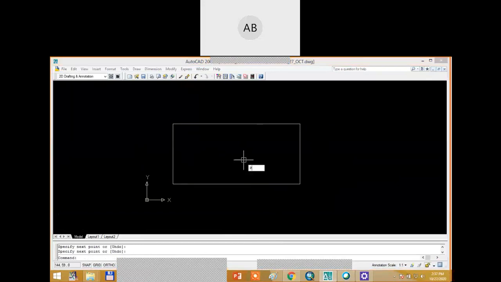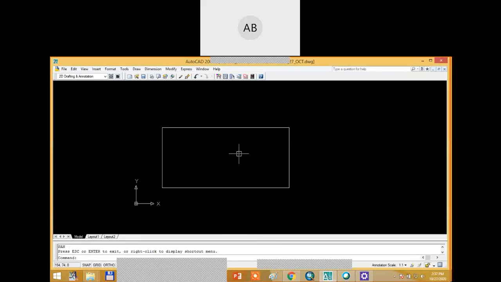Then I can offset this line 9 centimeter, that means 90 millimeter. Then I connect these two lines. Of course, my snaps should be on. Okay. So this is my brick from the plan view.